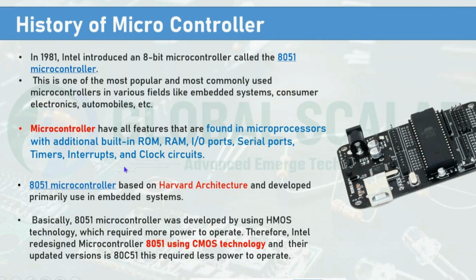Basically, this 8051 microcontroller was developed using HMOS technology, which requires more power to operate. Therefore, Intel redesigned this microcontroller with CMOS technology and updated the version as the 80C51. That is the second version they updated.